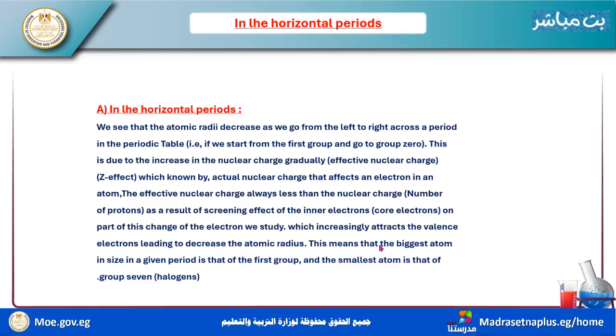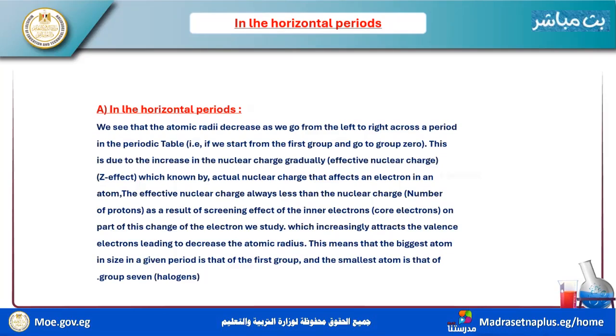This means that the biggest atom in size in a given period is that of the first group, and the smallest atom is in group 7, the halogens. So 1A is the largest group and 7A is the smallest in atomic size or atomic radius.